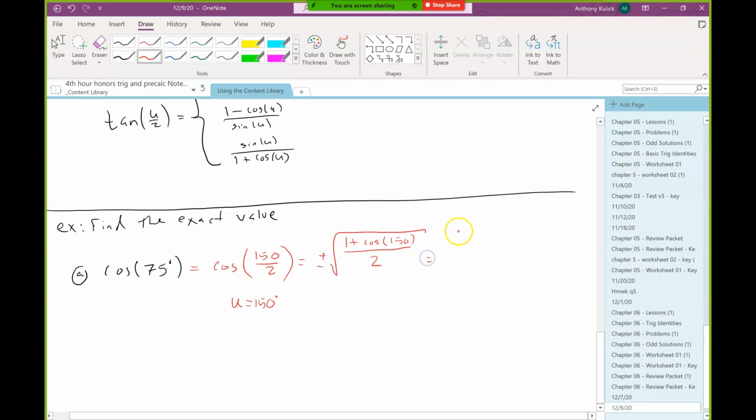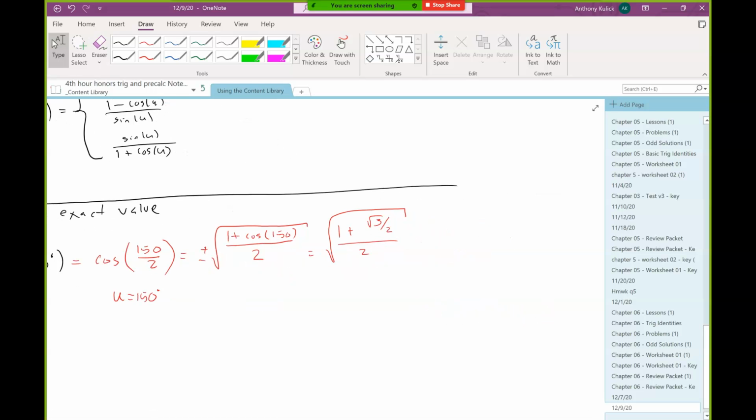And then if I go to my unit circle, I can look up the cosine of 150, and I think that's root 3 over 2. And we would prefer not to have fractions inside of fractions here.